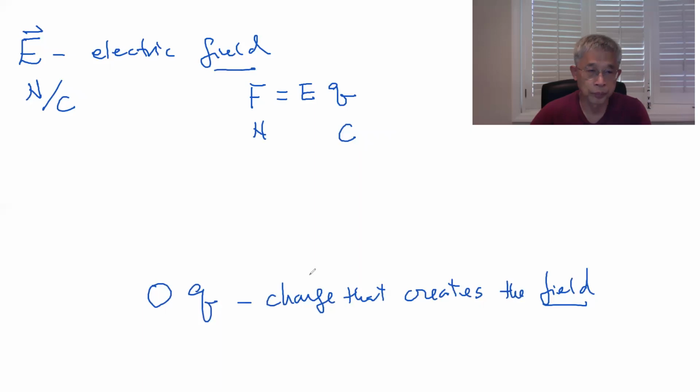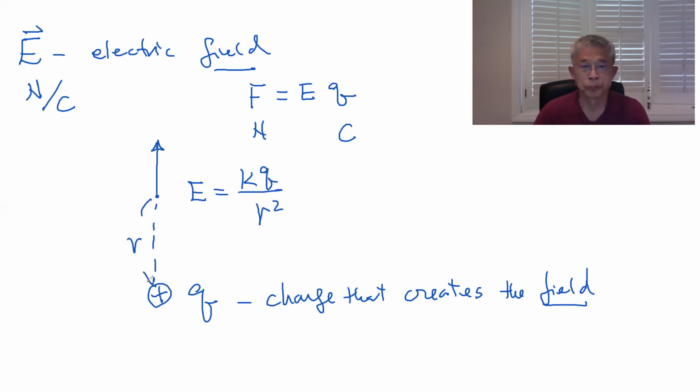It's a field, so even if you don't have a test charge here, there is still an electric field there. If this is positive, this electric field must be going this way, away from it. And this E is equal to K times Q divided by R squared, and this is the distance R here.